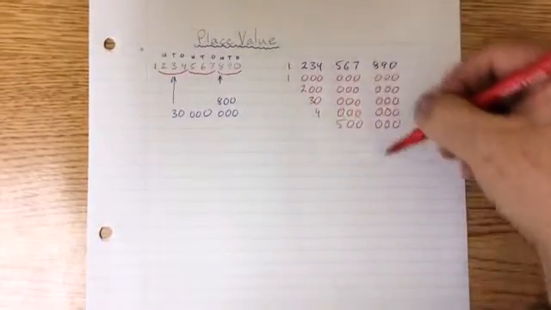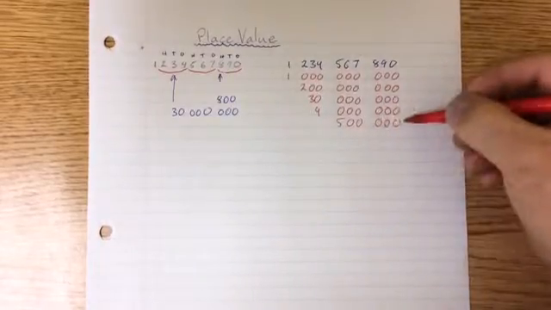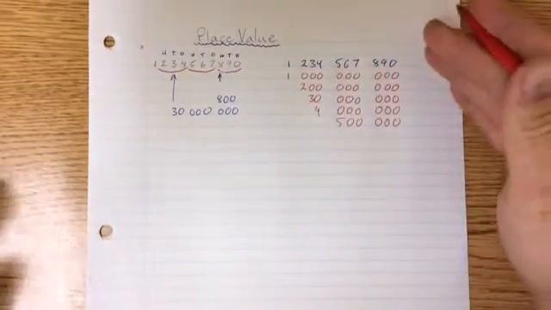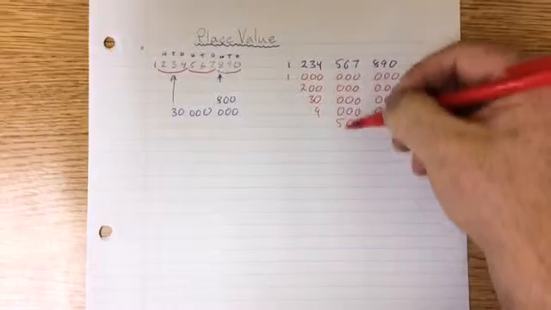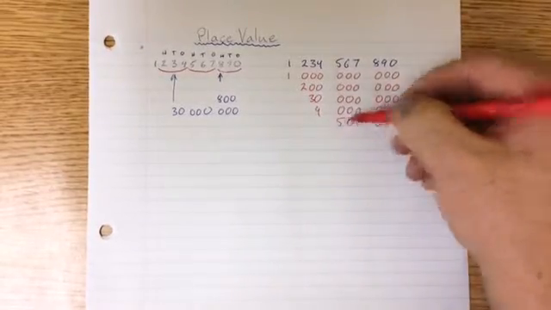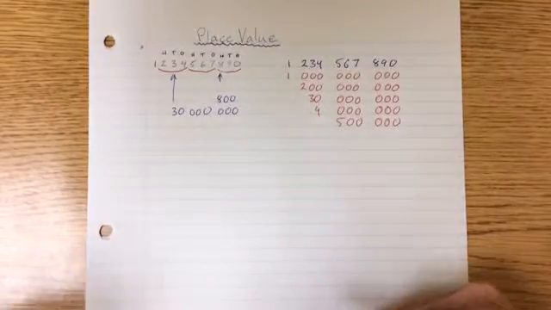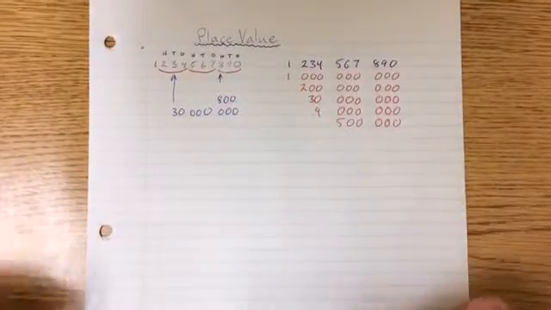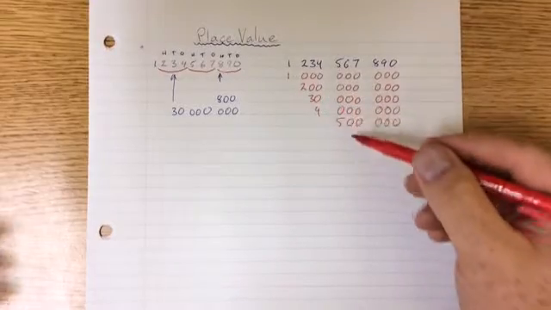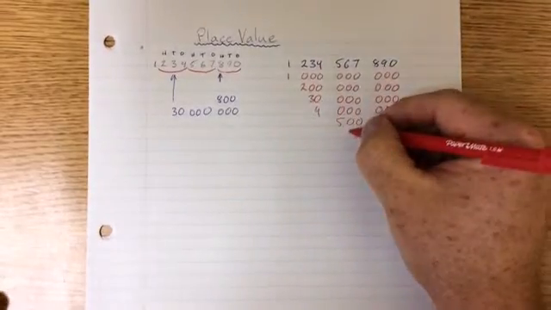Now it's important that when I do this, I have to put my zeros down, otherwise we're not keeping it in its value. That 5 really does have the value of 500,000. If I just write a 5 here and leave it completely blank, it's really easy to get mixed up, and especially when we do strategies like a stacked number series. If numbers are not lined up, this is where we get into trouble.